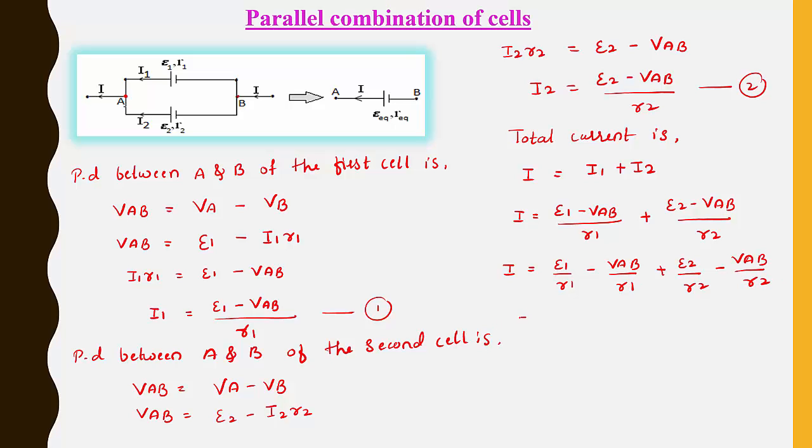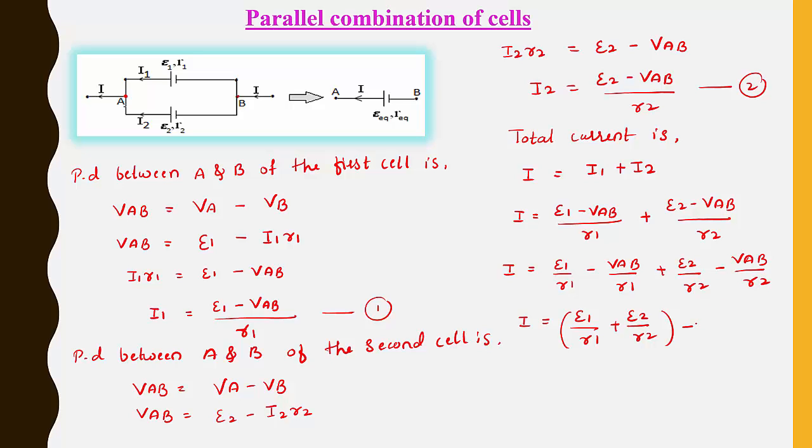Or we can take the EMF and internal resistor terms on one side. So I can write this equation as E1 divided by R1 plus E2 divided by R2, and the remaining is minus VAB by R1 minus VAB by R2.